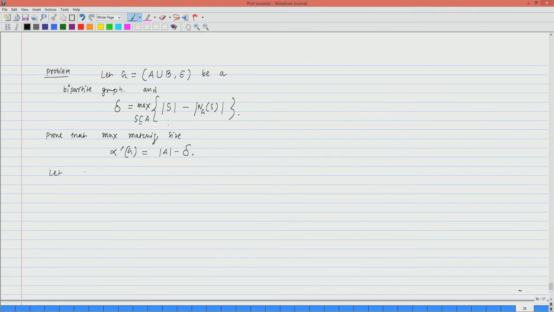Let S be a set for which this maximum is attained, such that delta is equal to cardinality of S minus N G S. We said you take the maximum over all S, and so here we are assuming that S is that set for which this is maximum. Okay.